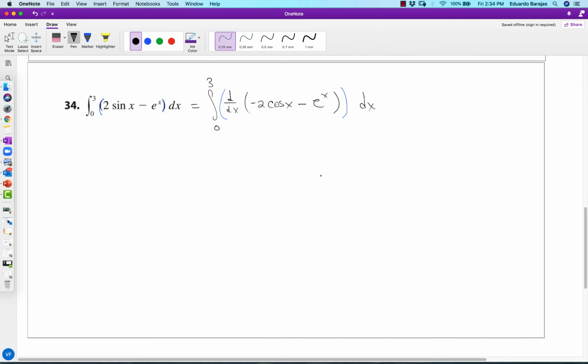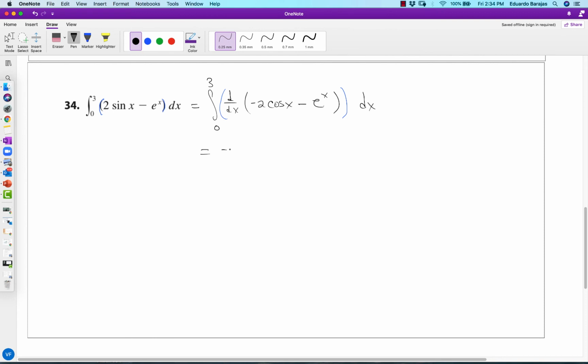So I just reinterpret it like that. And now that the integral and the derivative are right next to each other, it makes more sense to me that they kind of undo each other, and that this then becomes equal to this function evaluated at 3 minus this function evaluated at 0.